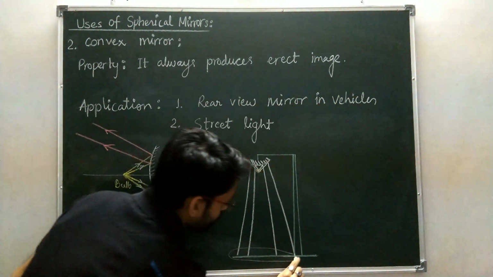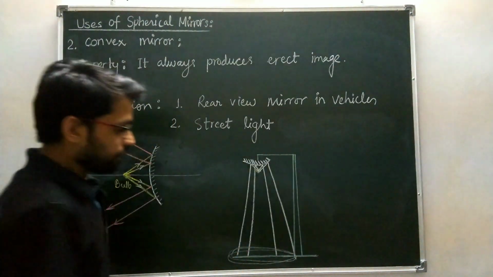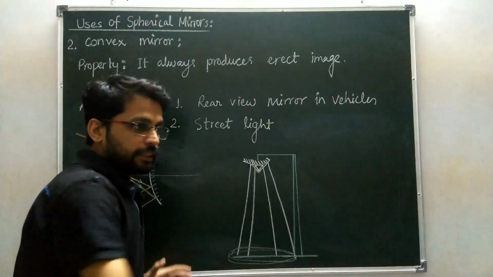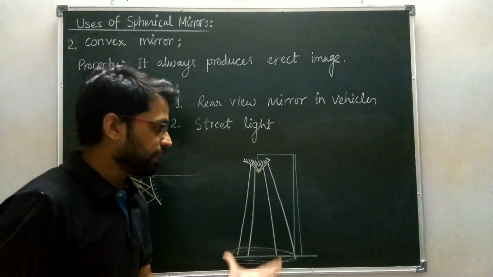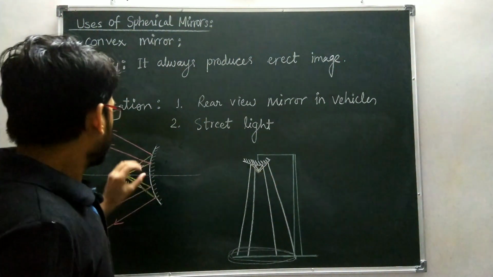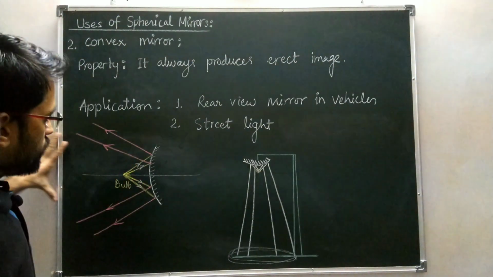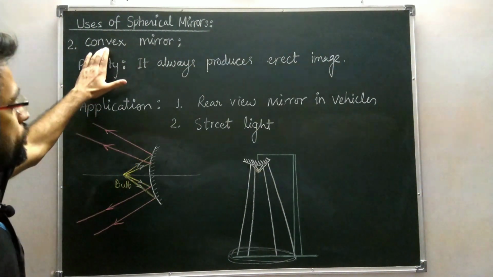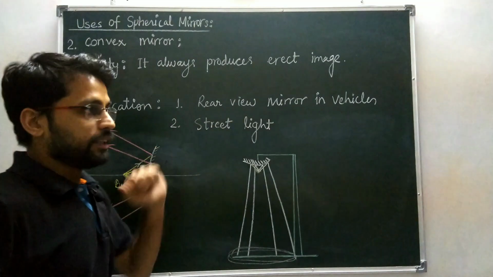So there is a large illuminated area below the street lamp. So this diverging property of the mirror is used in a street light.